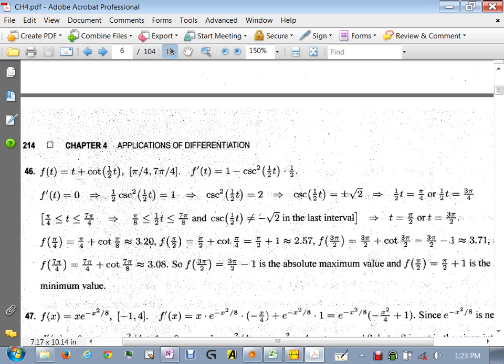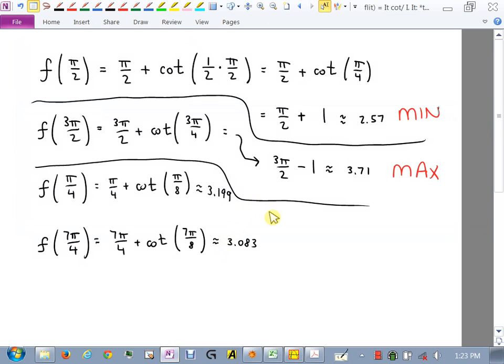Is that what we have? So run through those again. Plug in pi over 4, you get 3.2. Plug in pi over 2, you get 2.57. Good. Plug in 3 pi over 2, you get 3.71. And plug in 7 pi over 4, you get 3.08. Yes? So that is correct.